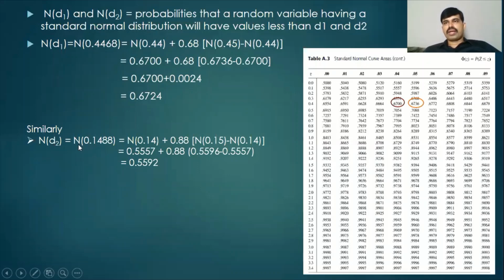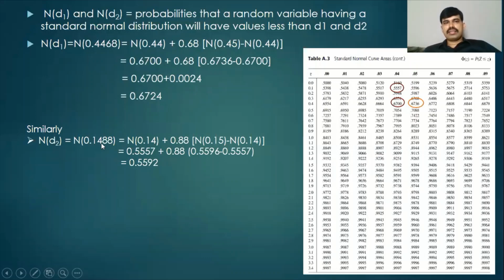So the value of ND2 will be nothing but 0.14, the intersection of the row with 0.1 with the column which is 0.04. The value is 0.5557.